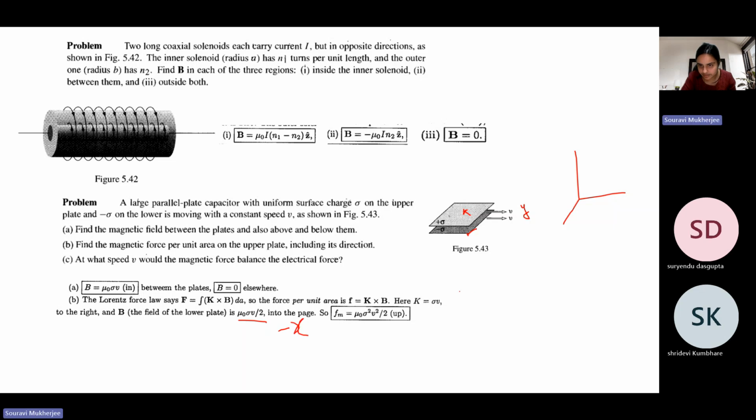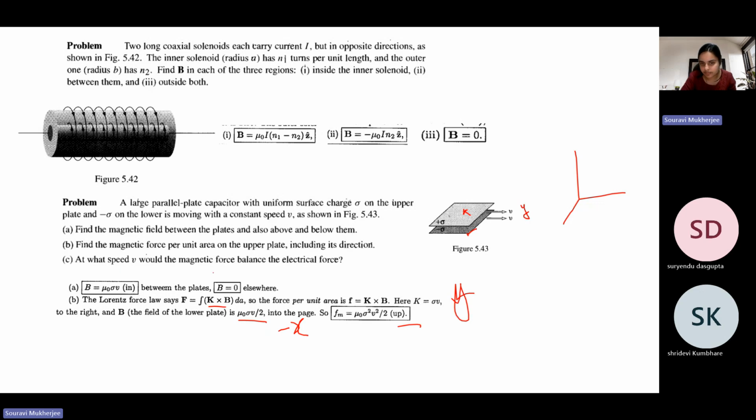So if this is minus x and K is along y, now you have to do y cross minus x, which is nothing but z. So that's why your force will be upwards. That's how you find the direction of your magnetic force. Be careful about these cross products.